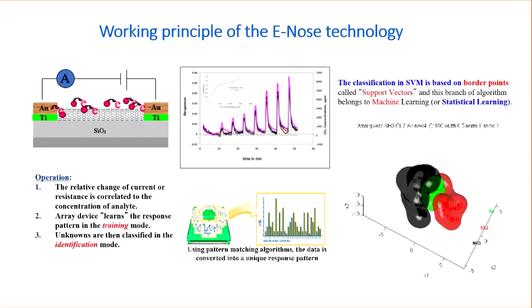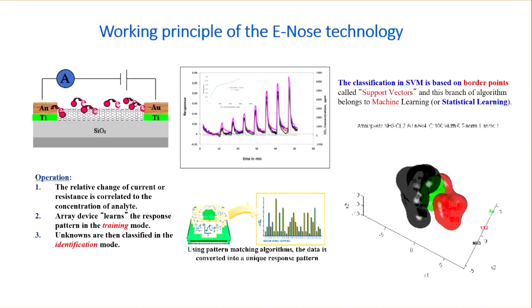Yes. So you can see the left side upper image shows how the gas molecules or the organic volatile molecules come in contact with the carbon nanotubes, one type of nanosensor in the array.